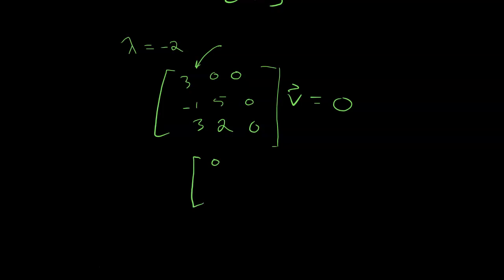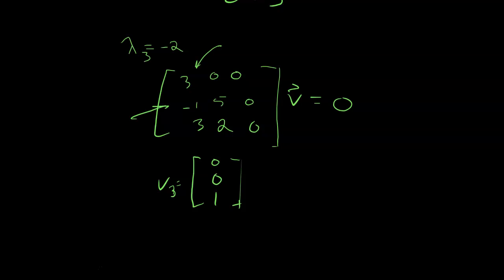So my first element is 0. For this middle one to work then, if x is 0, this would be 0 plus 5y is equal to 0. So y would have to be 0 as well. And then z is doing whatever the heck it wants, so pick a number. You know, 1's nice, but heck, you can use square root of 7, whatever you want. Just stick a number in there. So there's your third eigenvector.